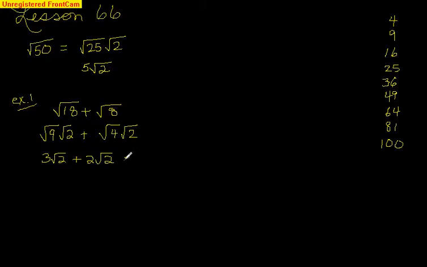Let's try another one. If you can simplify the radicals, then these problems are very easy. This one, 8 square root of 27 plus square root of 8. There's a difference on this one. We now have a number in front of the radical before we simplify it.